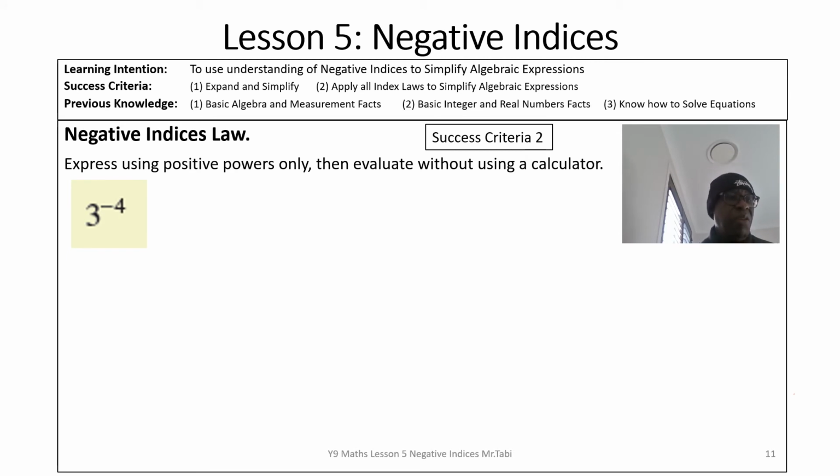3 to the power of minus 4. Without using a calculator, let's work out what that value is. Well, this is very simple. Again, we're applying the law a to the power minus m equals 1 over a to the power m.